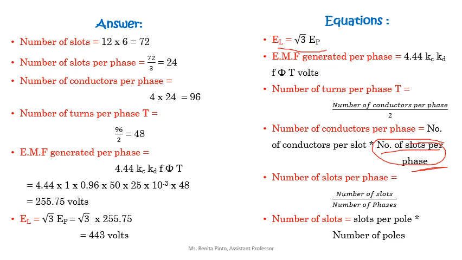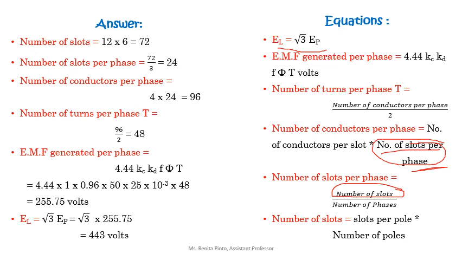Again, if you go back to your problem, number of slots is not given. That means number of slots needs to be found out first. So number of slots is equal to slots per pole into number of poles. This is how you're going to find out the answer for your problem.